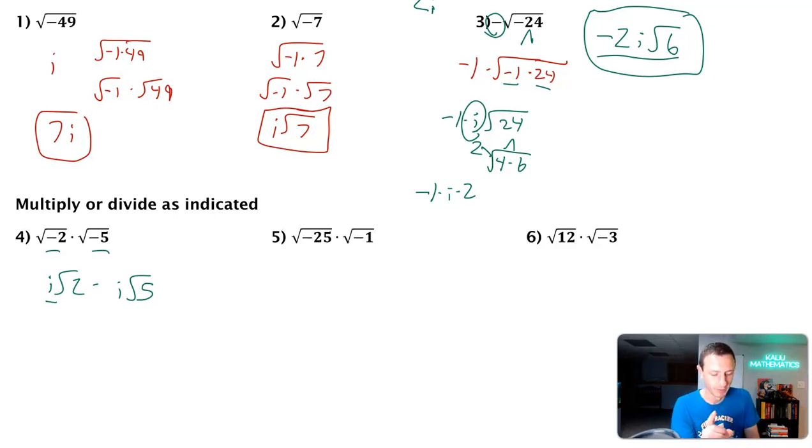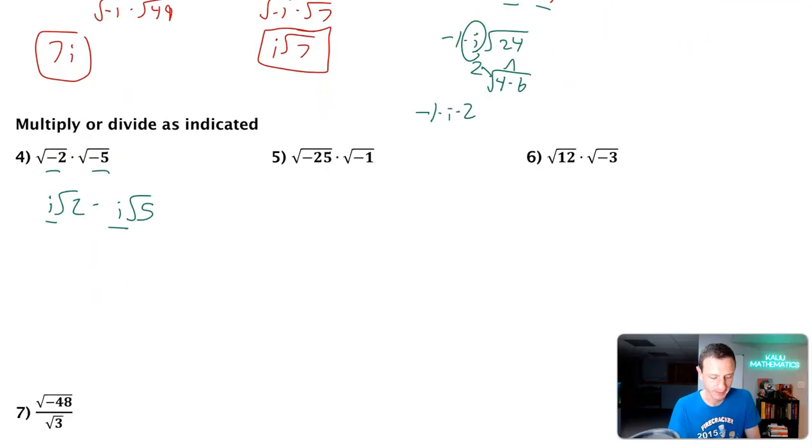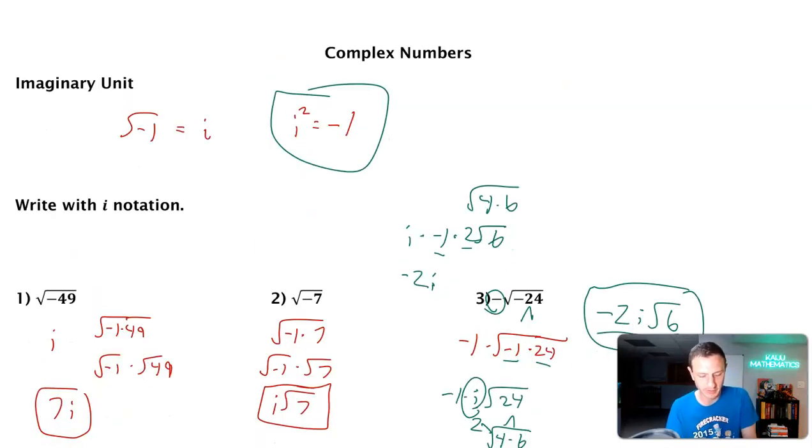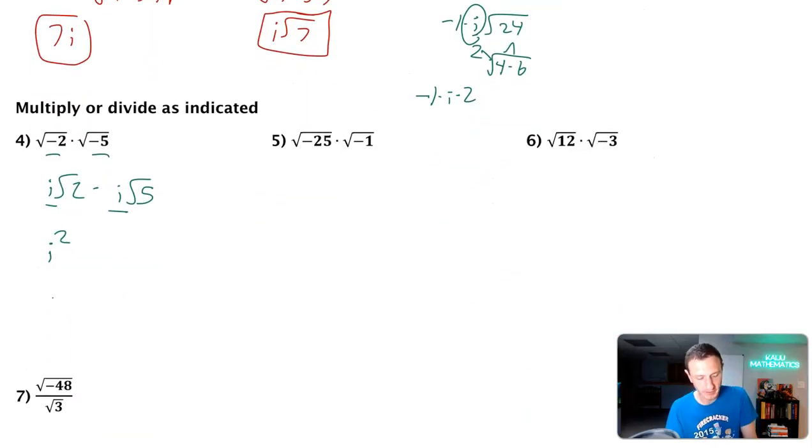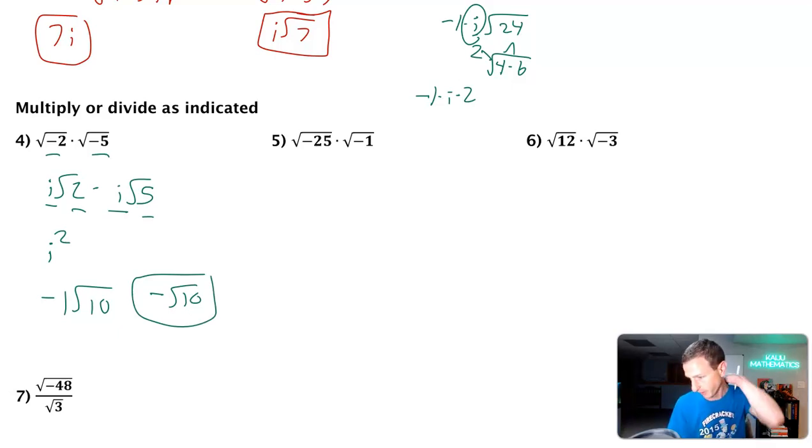Because we want to do i times i to get i squared, which is -1. So then that's going to be -1 square root of 2 times 5, which is 10. So we get -1 root 10, or just negative square root of 10. Doesn't matter. Each one is exactly the same thing.